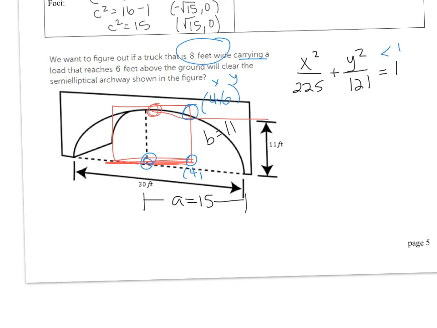Because if I plug in 4 and 6 and I'm greater than 1, that means I'm going to hit the ellipse. If it's 1, I'm going to hit the ellipse because I'm right on the border. So I want this to be less than 1. I'm going to plug in 4 for x and 6 for y and see what this is in my calculator. So this is approximately 0.34. So I still have room. So the truck is going to be fine.